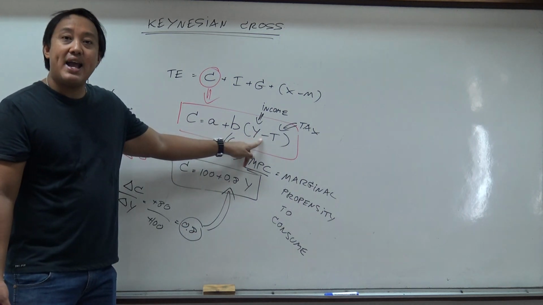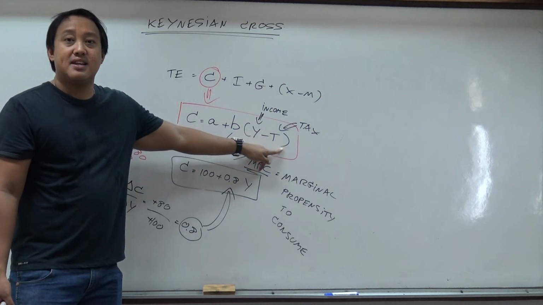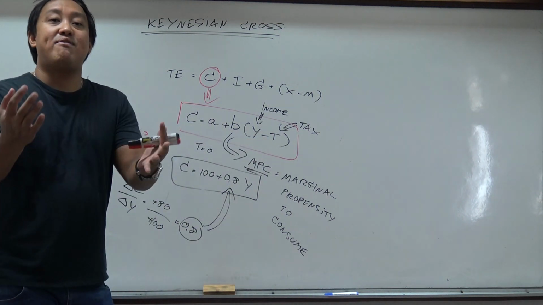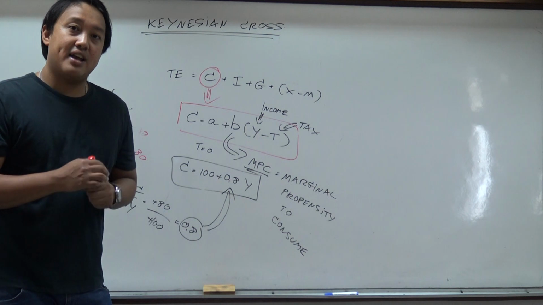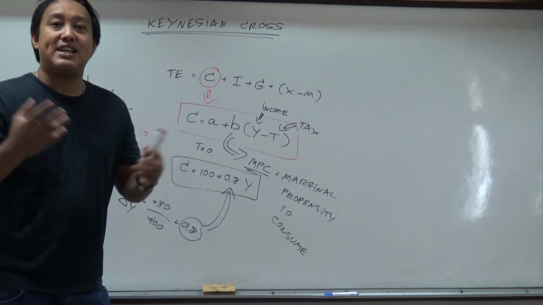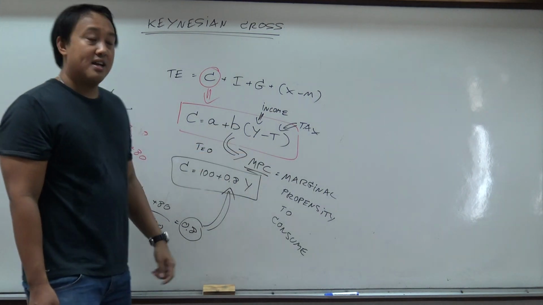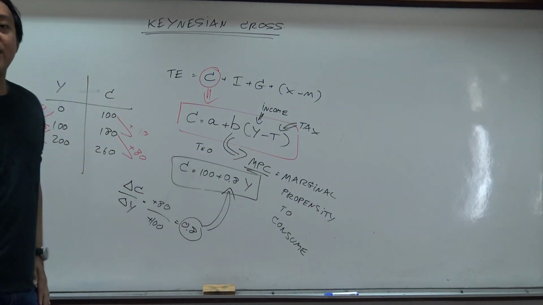And Y is income, and tax is minus because if you have to pay more tax, you're going to have less money left and you're going to consume less. So this is negative, minus.